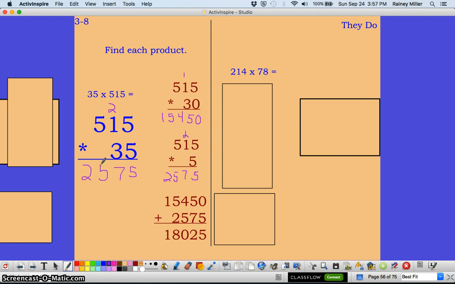Then with the next one, I put my 0 down to show that I am going on to the tens place. I am going to take my eraser and go up here and erase above there if I have carried anything so I don't get confused. And then I'm going to go ahead and start. 3 times 5, that's going to be 15. 3 times 1, that's 3, plus 1, that's going to be 4. And then the next one, 3 times 5, is going to be 15 again.